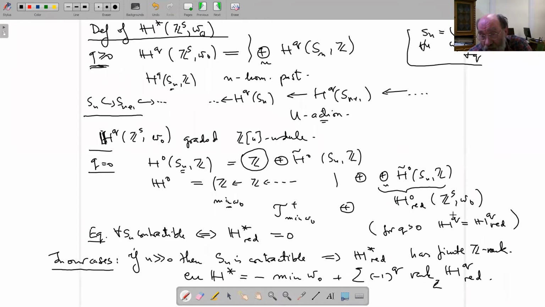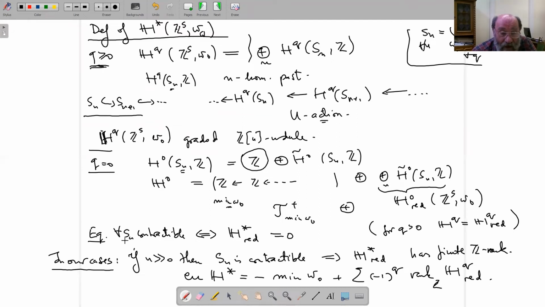This is called the reduced lattice cohomology associated with 0. And if Q is bigger than 0, then as usual the reduced cohomology is the same as the usual cohomology, as HQ is HQ reduced if Q is bigger than 0. So the reduced cohomology makes sense, and basically H0 has to be splitting, and this is the natural split.